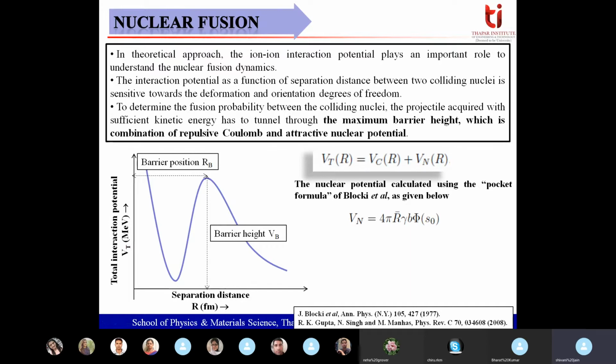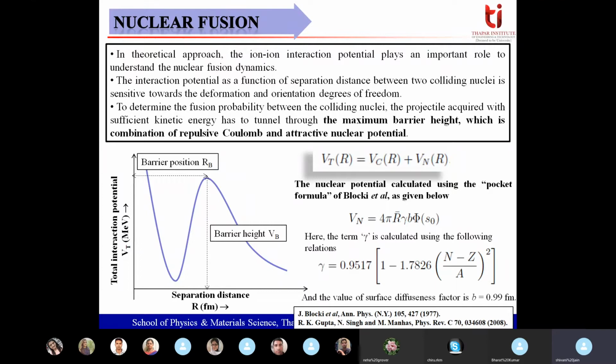According to this formula, this is a product of two terms in which the first is dependent on the shape and geometry of the colliding surfaces. And here it contains gamma, which is the nuclear surface tension, and is a function of neutron, proton, and atomic mass numbers.